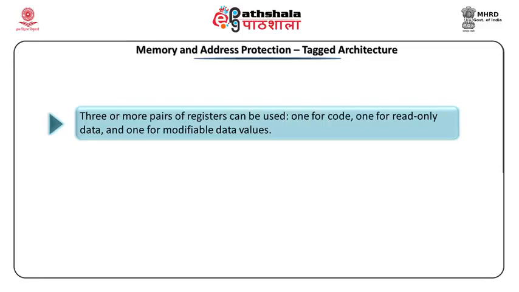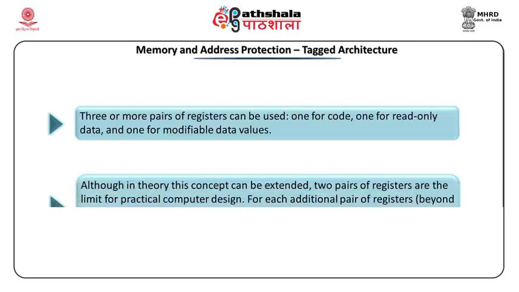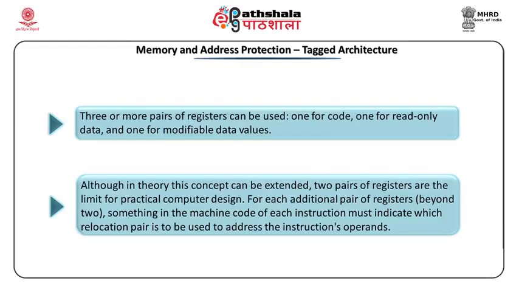But in practice, computer designs limit the use of registers to two pairs. If we use each additional pair of registers, in the machine code we have to say where the relocation pair is to be used.